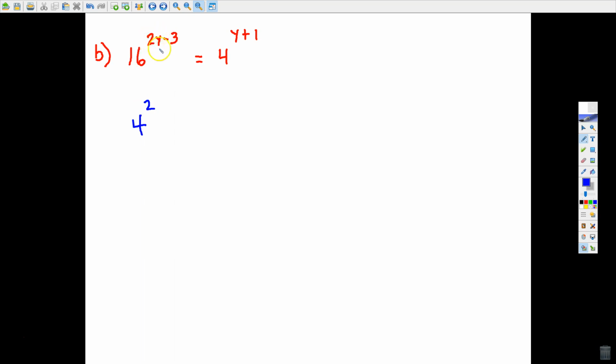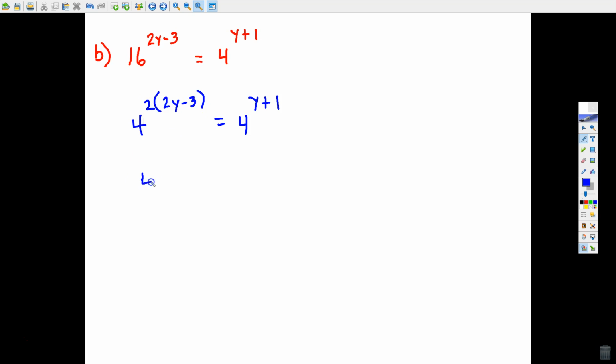So I'm going to just rewrite the exponent that was given in the problem. And this right side base is already 4, so I have common bases. That's the goal. And once I get to this part, I just let the two exponents equal each other to solve for y. And let's just go ahead and do the distributive property.